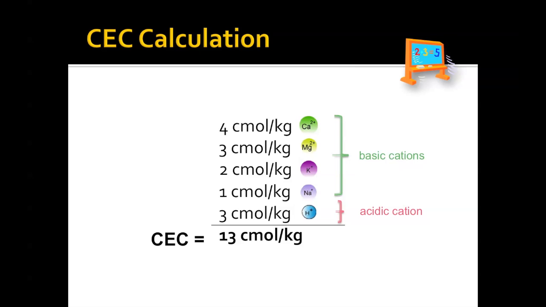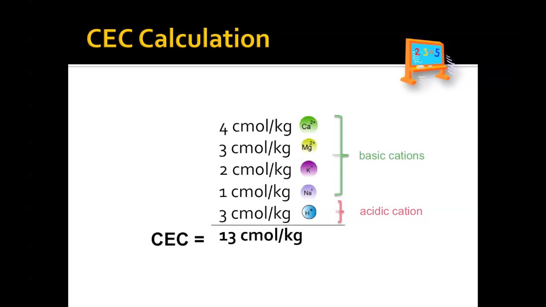So you would have an amount of the element, say calcium. If you had to flush it off a soil, you would divide it by your molecular weight, and you'd actually multiply it by the valence as well. In this case, calcium has a valence of 2, magnesium has a valence of 2.